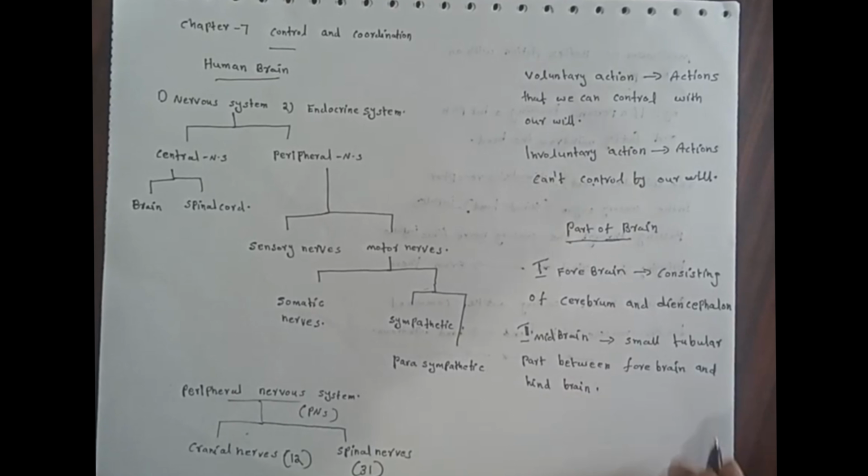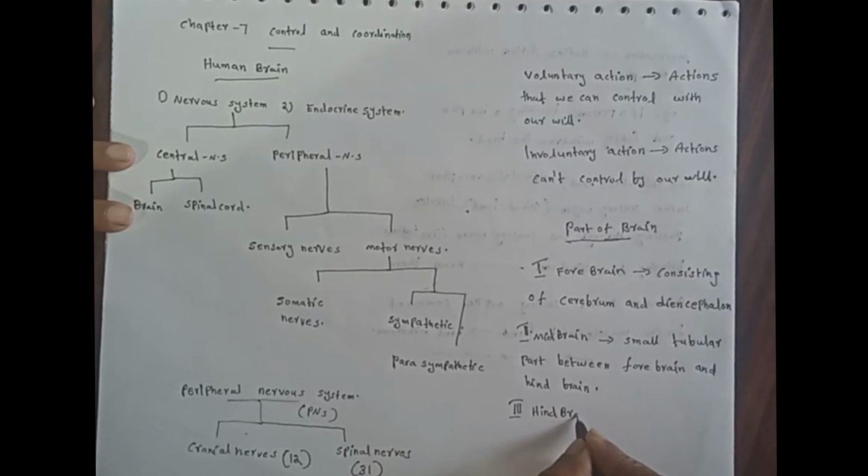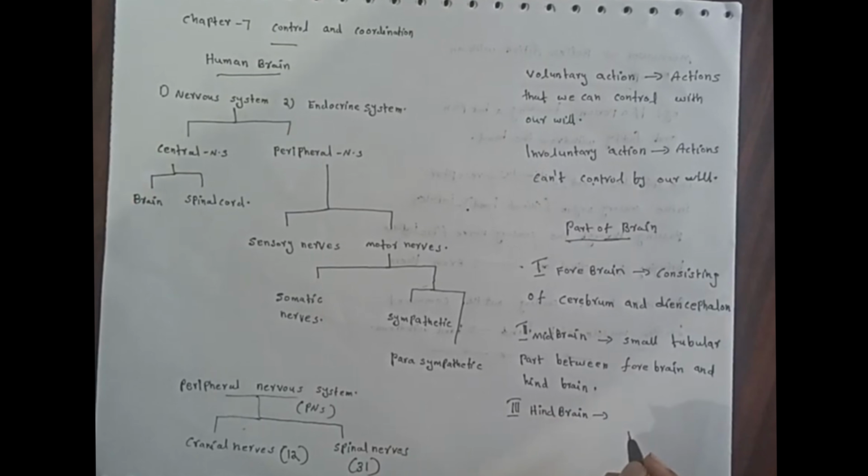Third part, hindbrain. The hindbrain consists of cerebellum, pons and medulla oblongata.